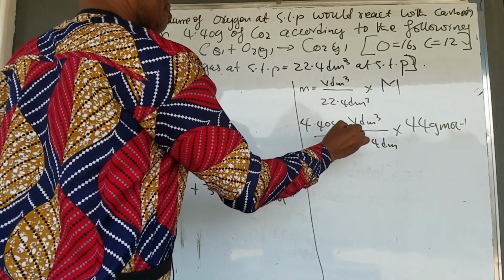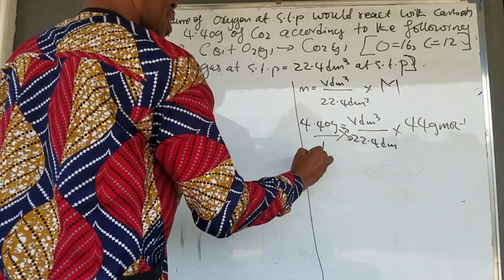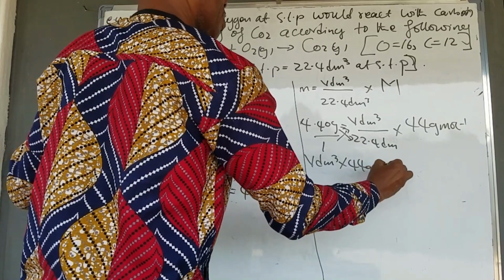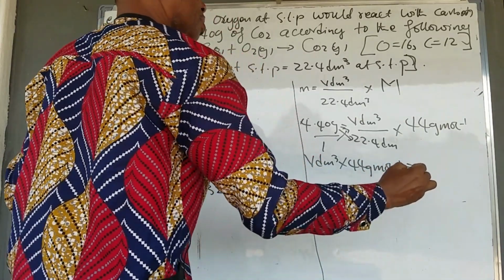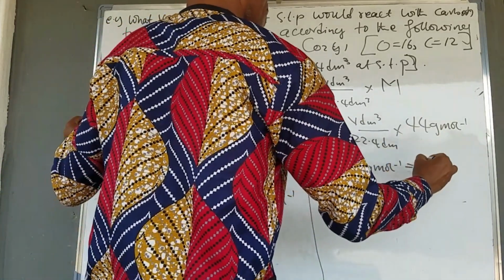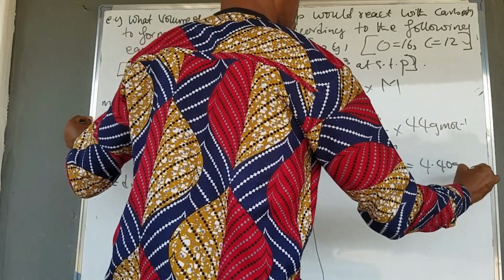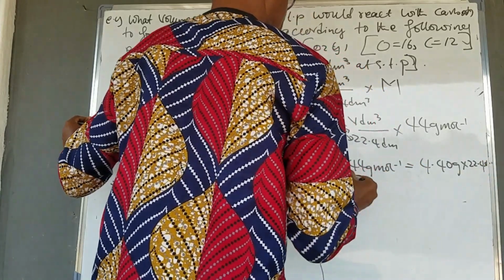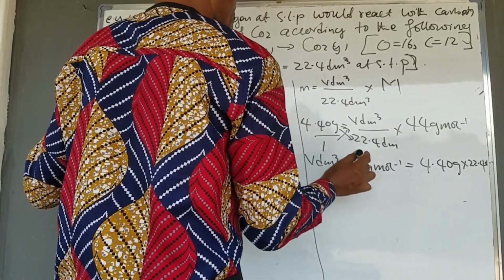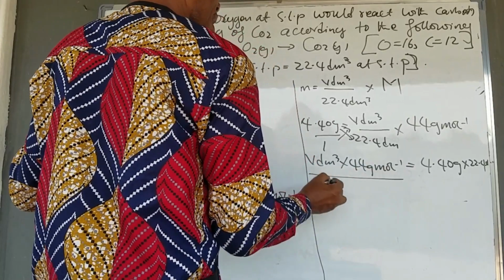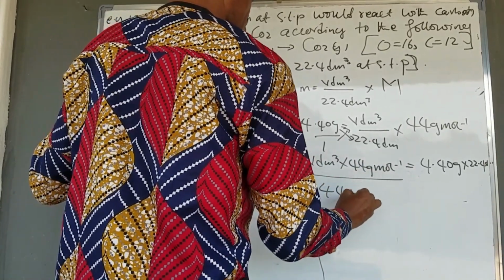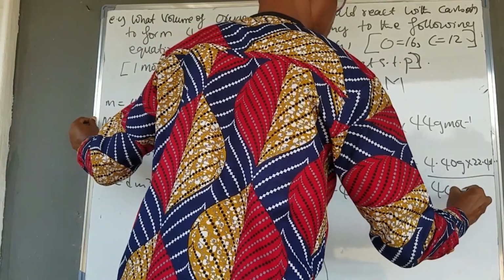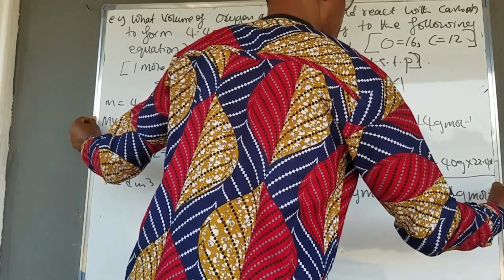So what do I do next? Without wasting time, I just cross multiply this, and I have V dm³ times 44 grams per mole is equal to 4.40 grams times 22.4 dm³. To bring out my V dm³, I divide everything by 44 grams per mole, this side also 44 grams per mole.